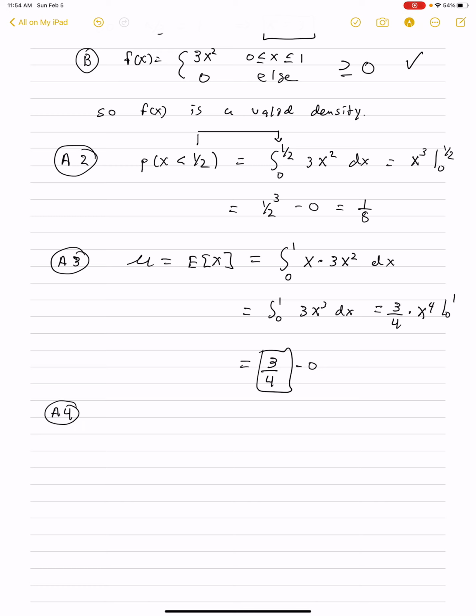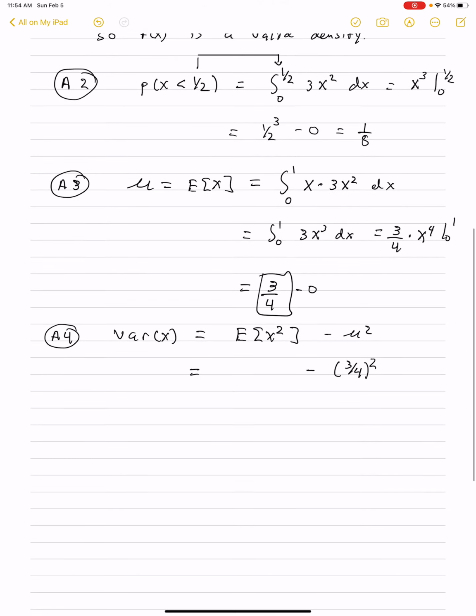Now finally we're asked for the variance of x. The variance of x is E of x squared minus the mean squared. We've already calculated the mean. That's 3/4, and that's squared. The only thing that's left to do is calculate E of x squared.